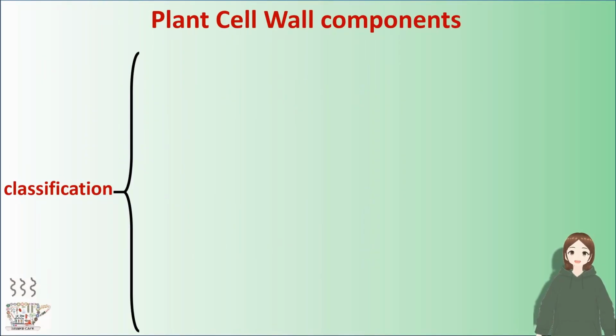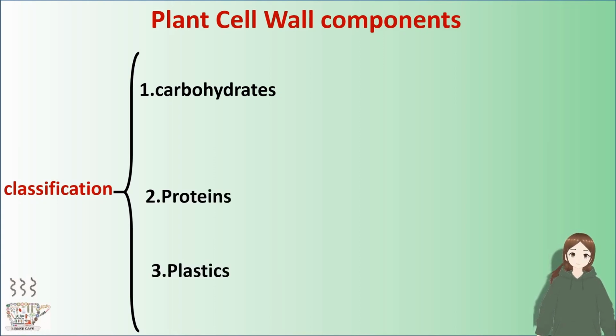Plant cell wall components can be divided into 4 subgroups: carbohydrates, proteins, plastics, and mineral deposits.